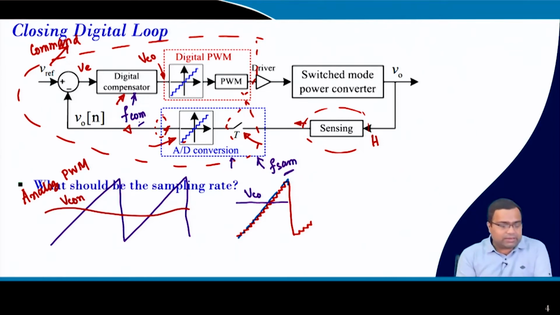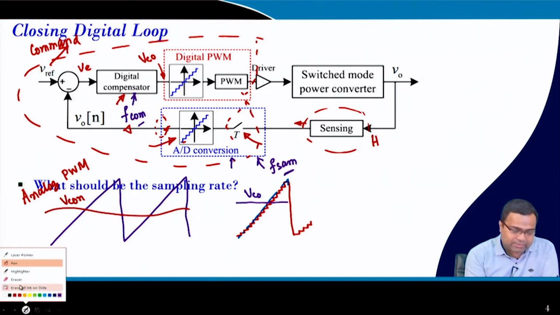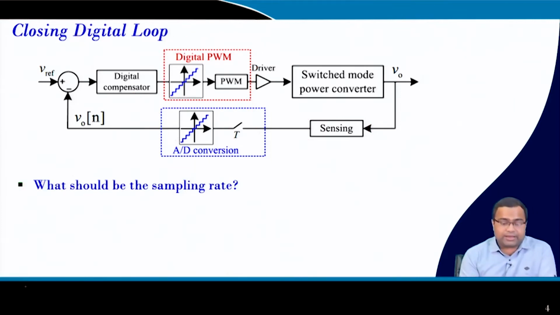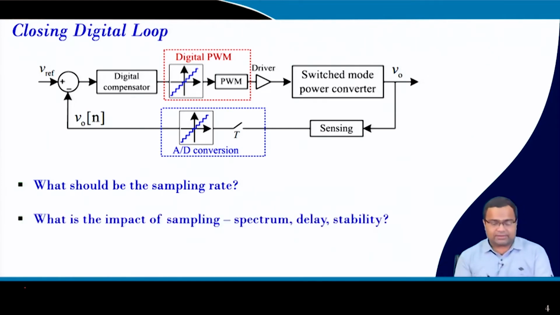So, now the next question that will come to our mind is, what should be the sampling rate? Should it be higher than the switching frequency, lower than, or the same? If it is higher, by what factor should it be higher?